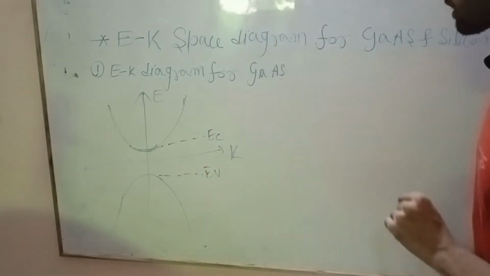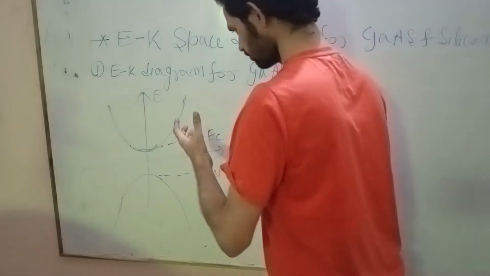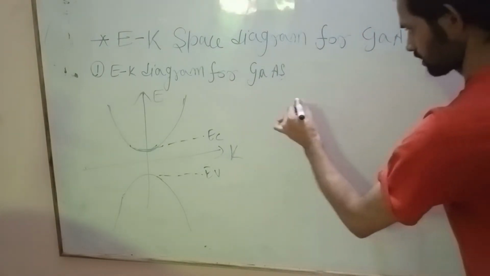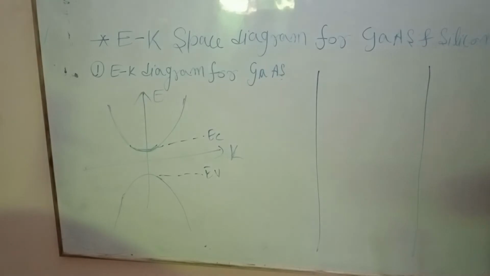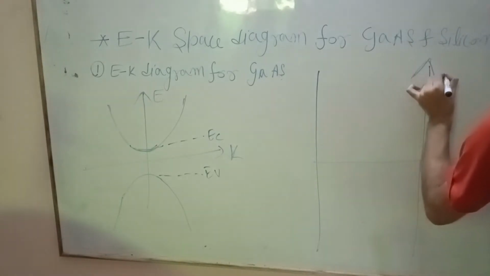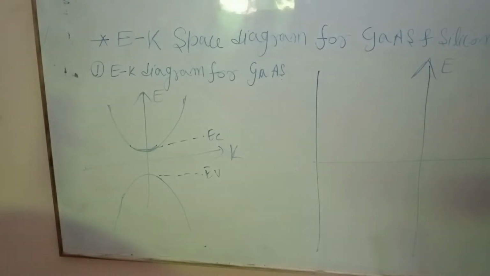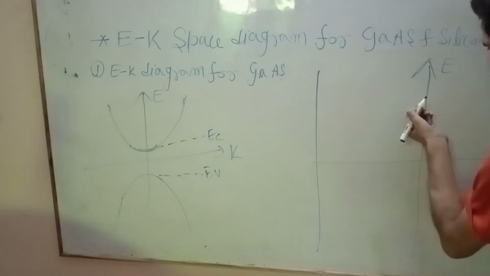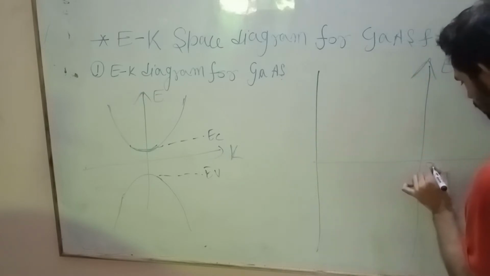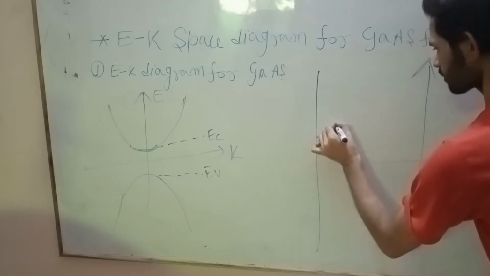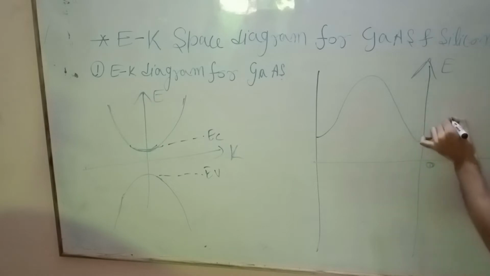If you see it properly, here is the EK space diagram, energy versus k space diagram. Here this is my zero. Here it will start like this.